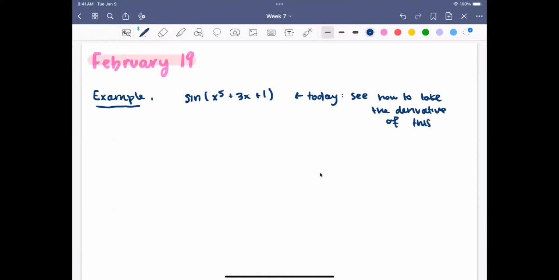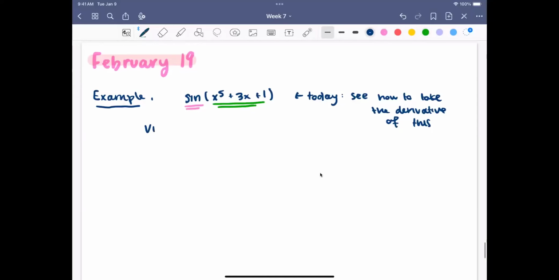And the basic idea is to view this function as a composition of two functions. So we'll have the outside function, which will be sine x, and then there's some inside function, which is this polynomial.